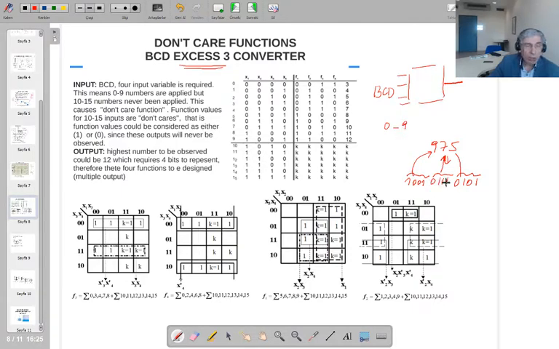In decimal numbers, in every digit, we've got these numbers only. We don't have 10, 11, 12, 13, 14, 15. We don't have these numbers as binary coded decimal because we don't see them as a digit in decimal numbers.